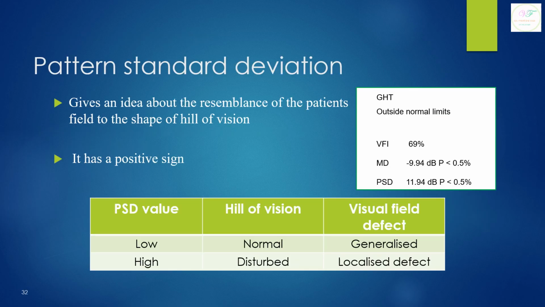Next comes the pattern standard deviation, which is derived from the pattern deviation plot, and it is usually a positive sign, and it is always mentioned with a p-value when it is significant. This pattern standard deviation is disturbed in cases of localized defects like glaucoma.